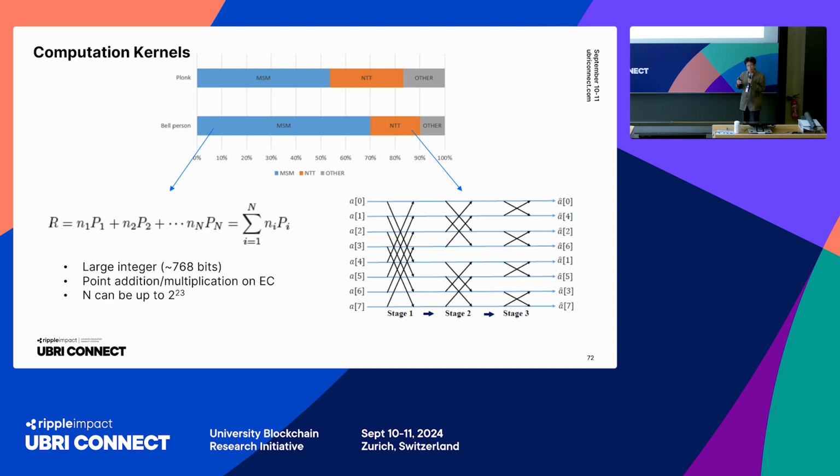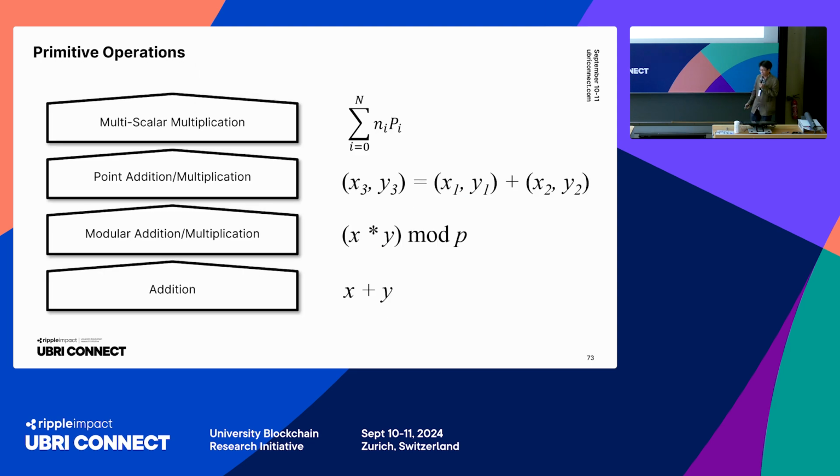Also, we have to deal with large integers, up to 768 bits, and we need to multiply and sum up to 2 to the 23 numbers, which is also a very big number. That's why it takes so long to compute the MSM, and why I am currently working on how to accelerate this MSM computation kernel.